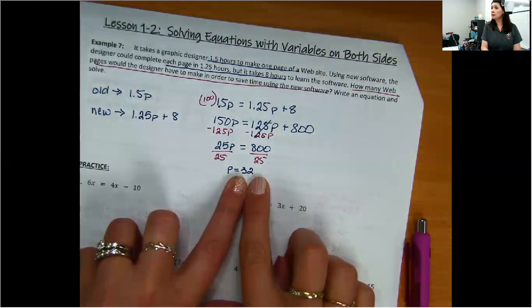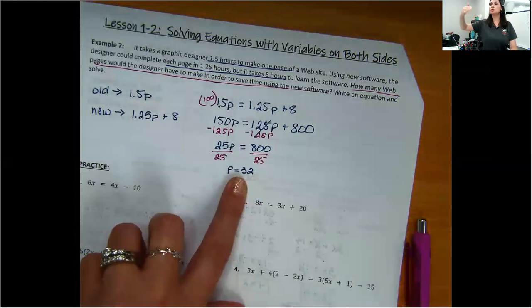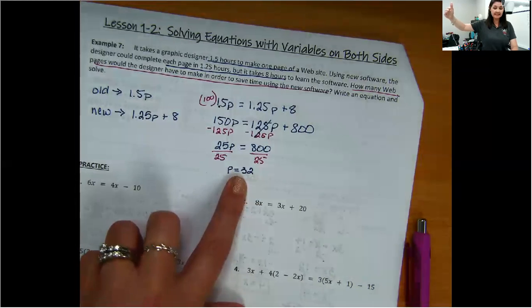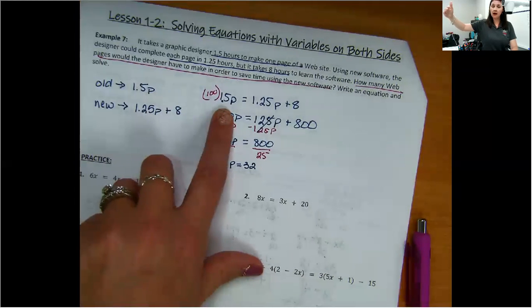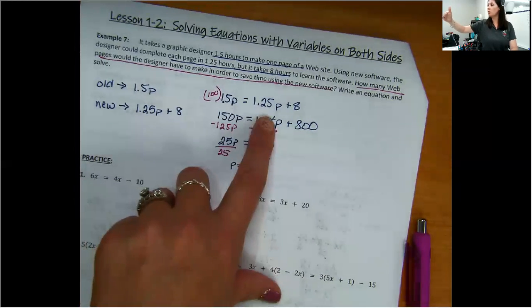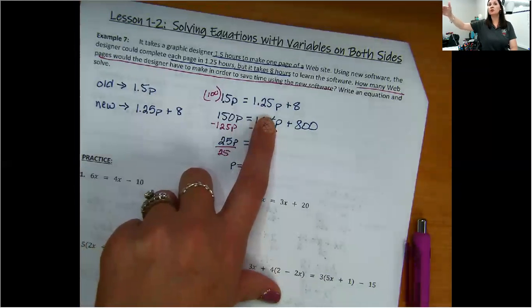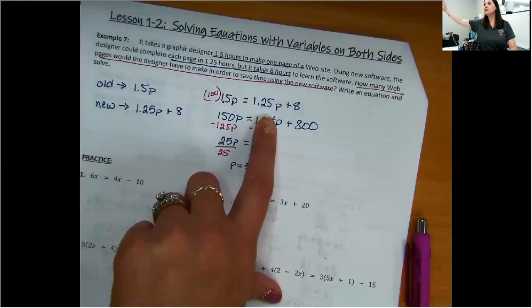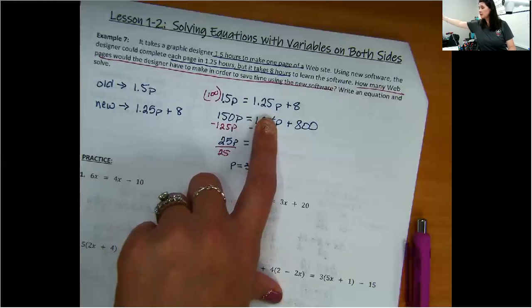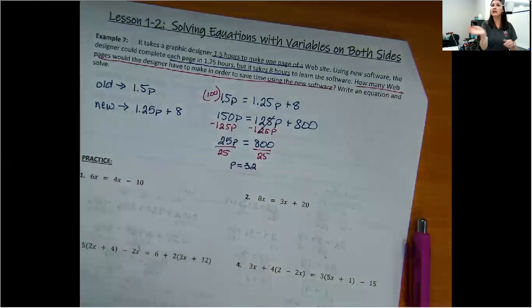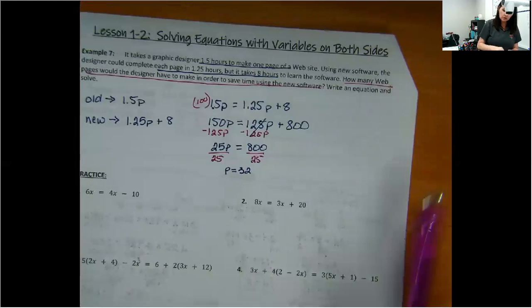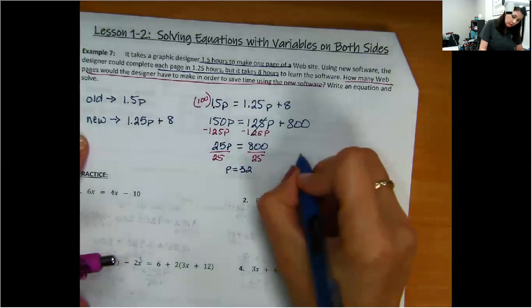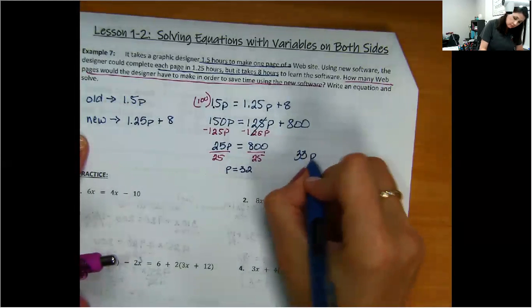So it would be 33, because when they make their 33rd page, it's going to take the old system 1.5 hours, but the new system 1.25. So they've saved 15 minutes. The 34th page, they saved half an hour. The 35th page, 45 minutes, and the 36th page, an hour. So every 4 pages now, they're saving an hour of time with the new system. So the answer would be 33 pages.